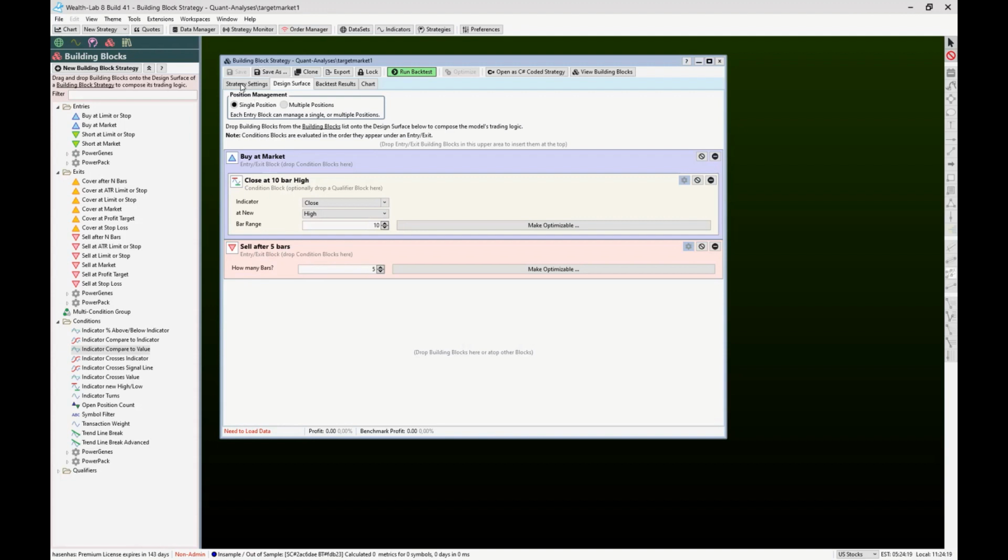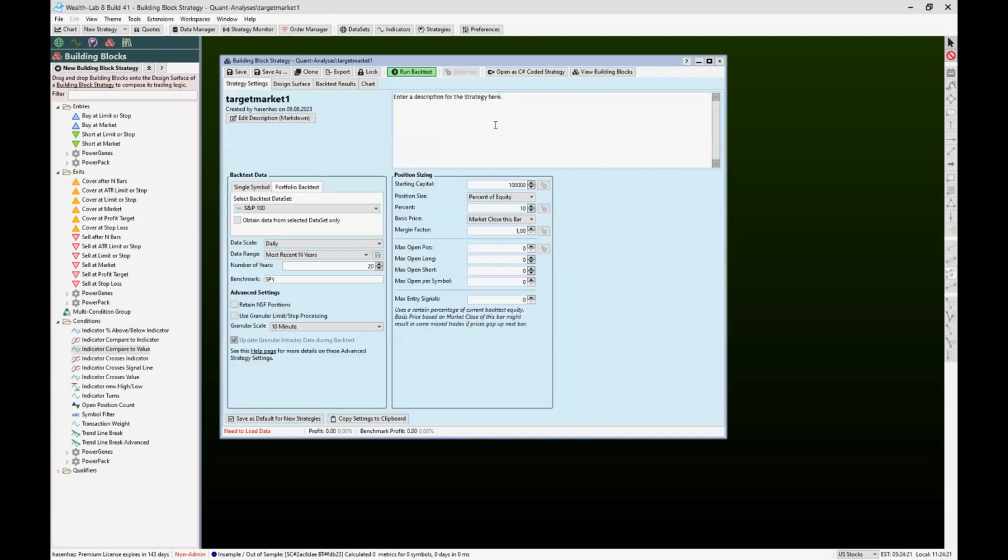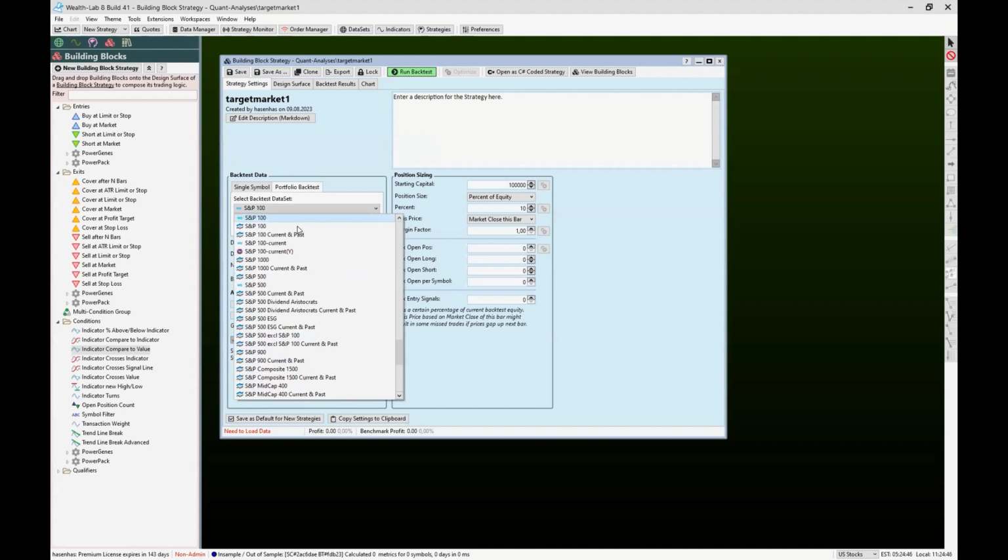We have some more settings to do. There are a lot of settings, but I will only explain the important ones. This is important: it's our underlying, our portfolio. Of course, you can also trade one single stock symbol. You can put it in here. But what we would like to do is portfolio trading. You have many different portfolios here.